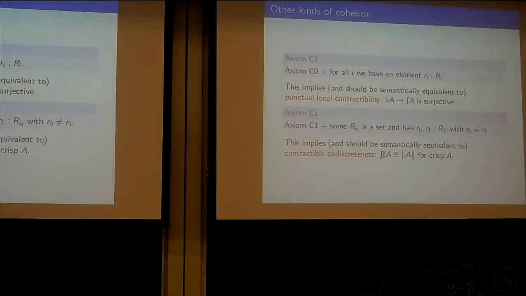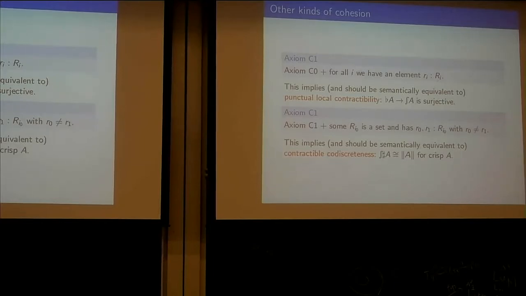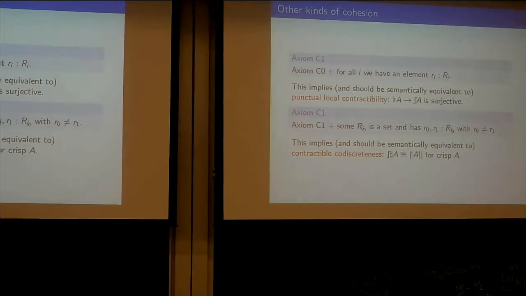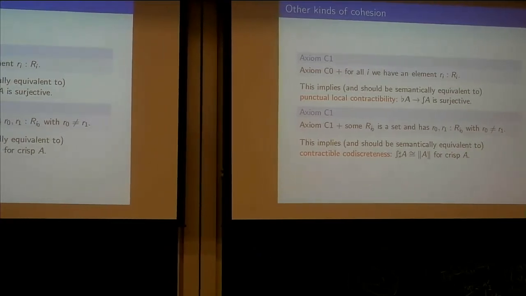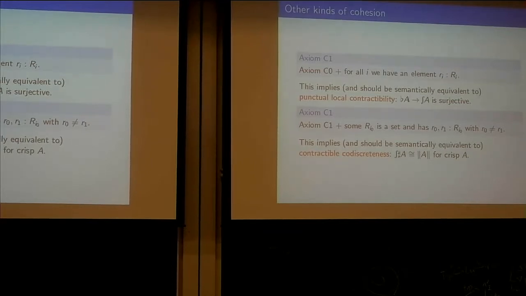So if I assume that my generating family of these types are all inhabited, then I get this stronger condition which Johnstone calls punctual local connectedness or local contractibility, and Chris calls it pieces have points, and Lawvere calls it something else, the nullstellensatz, I think. So basically, every connected component has a point in it.